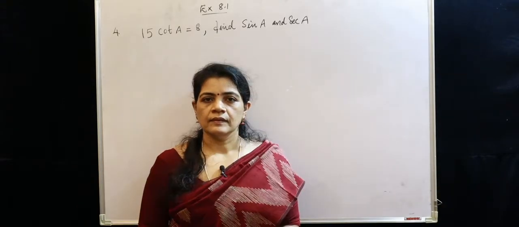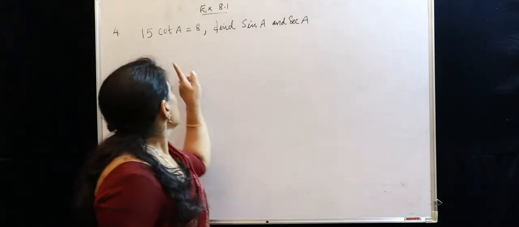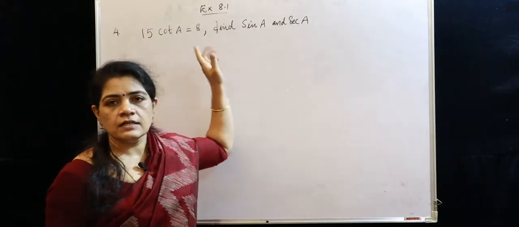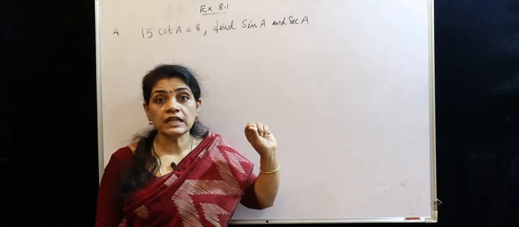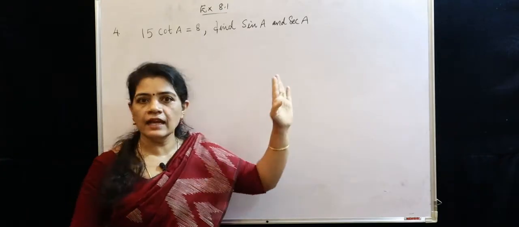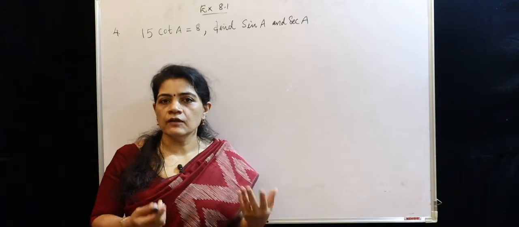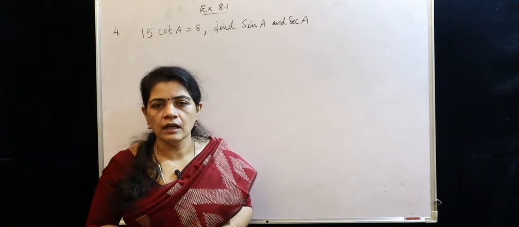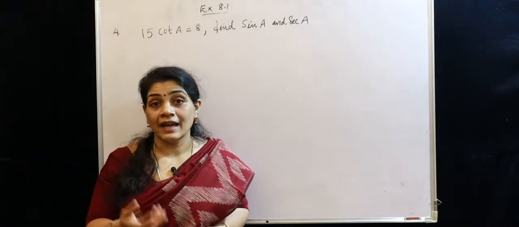In the fourth question, we are given 15 cot A is equal to 8. This is one of the important problems of this exercise. We have to find sin A and sec A. First we can draw a right triangle, because trigonometric ratio is defined for a right triangle.